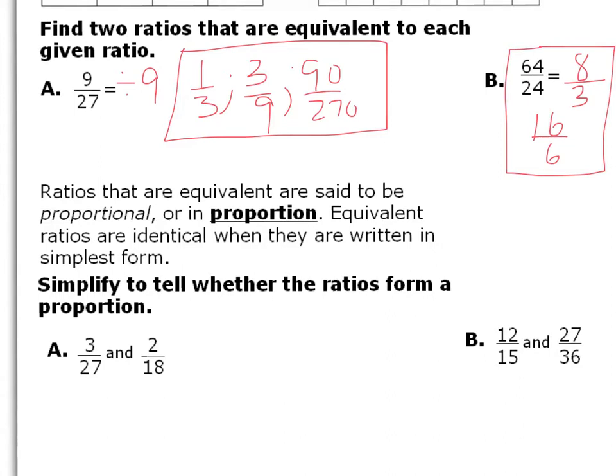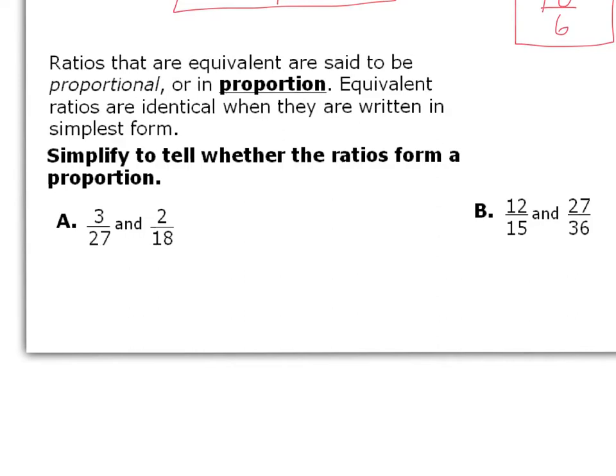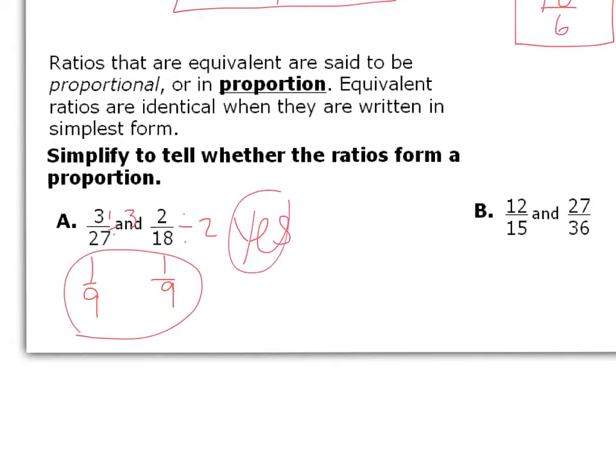All right, simplify to tell whether the ratios form a proportion. So what you can do here is reduce both of these. 2/18 reduces to 1/9. Divide them both by 2, and divide these both by 3, and you get 1/9. And since they reduce to the same thing, yes, they are proportional.